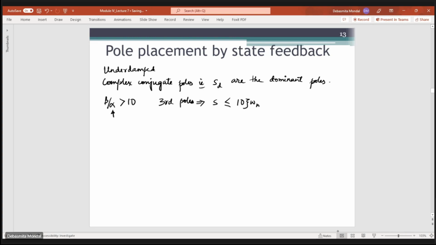If you place the third pole much farther into the left half plane, the dominant pole criterion will be satisfied.